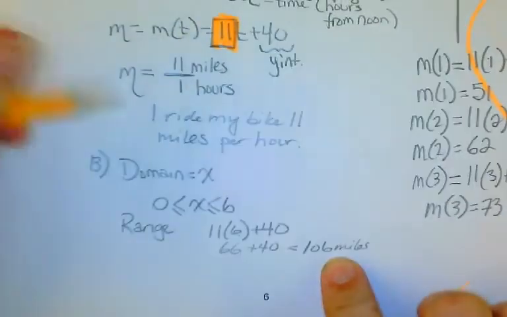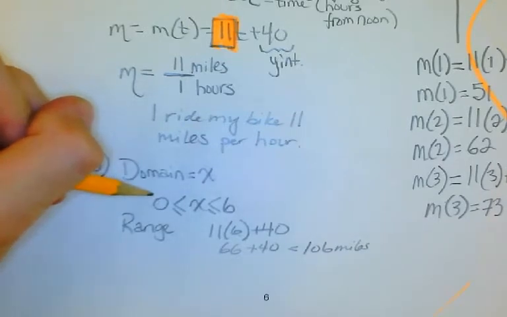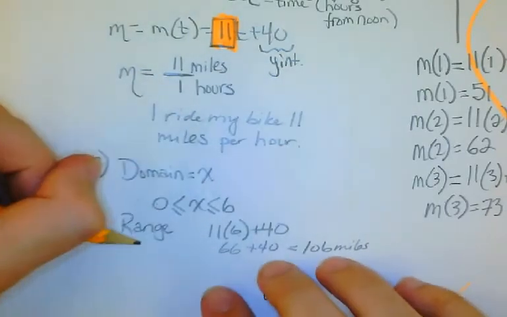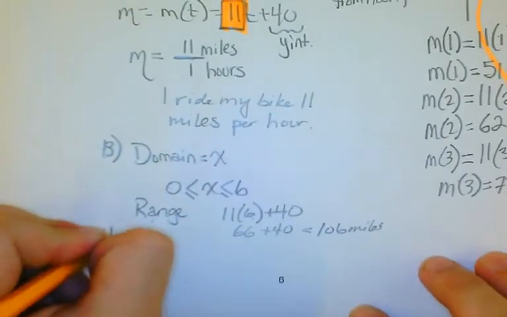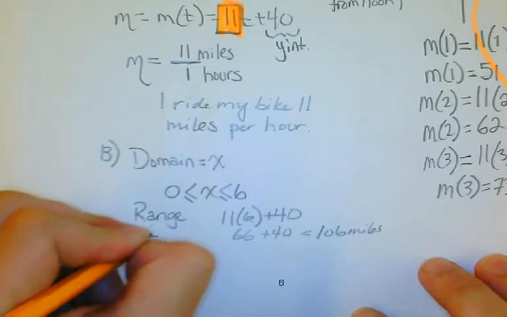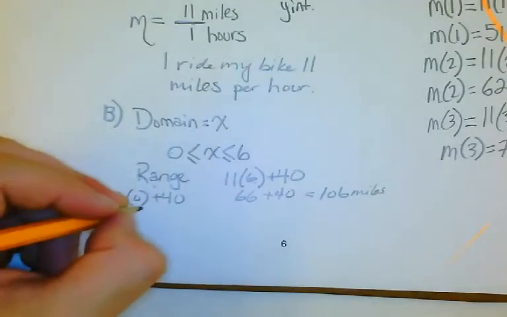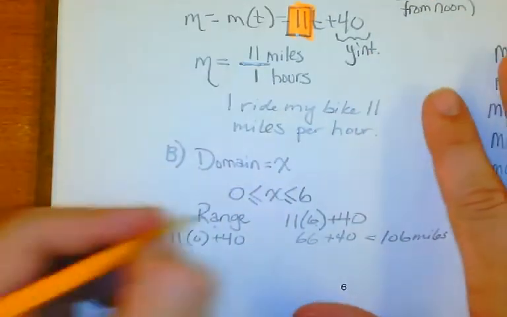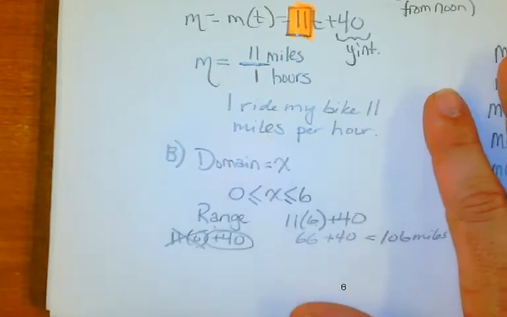So if I start out at time 0, let's figure out what that's going to be. It's going to be 11 times 0 plus 40. And so we can see that our range at time 0 is just 40.